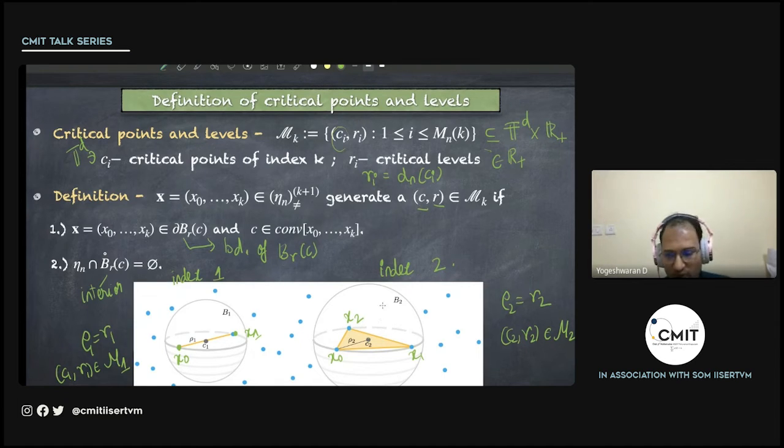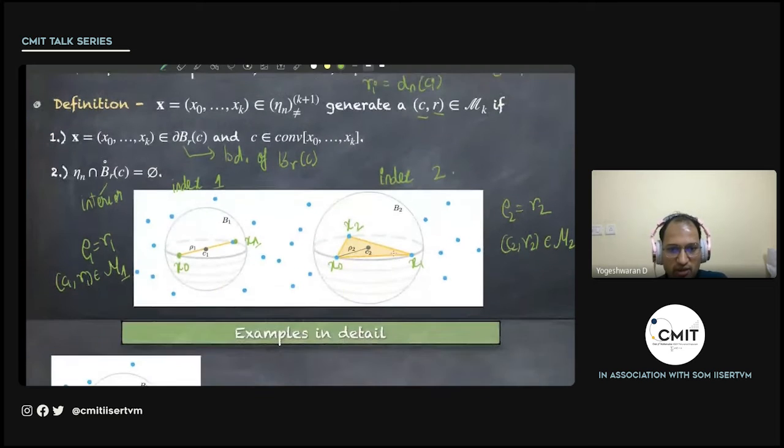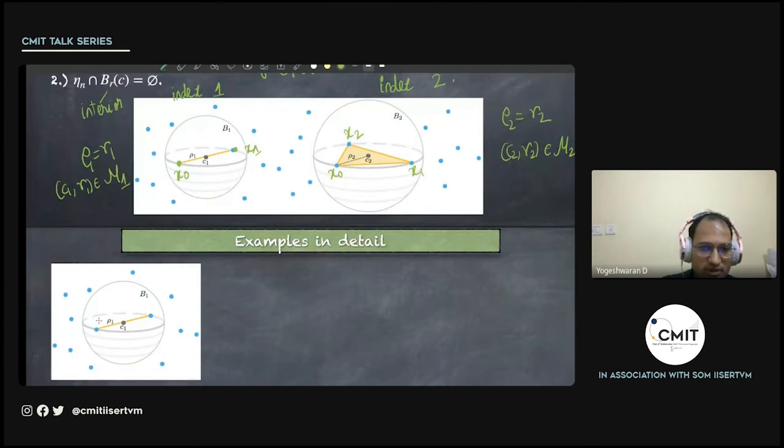Okay, so let's understand this a bit more in detail. Let's come back to the first example. Okay, this is x0, this is x1. Rho 1 is r1, index 1. C1 comma rho 1 belongs to M1. Why is the topology changing? Suppose for x0 and x1 there exists no path, where I connect any 2 points which are within distance r.